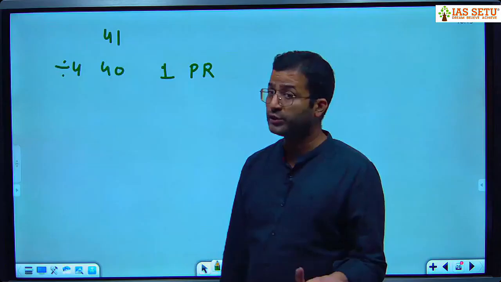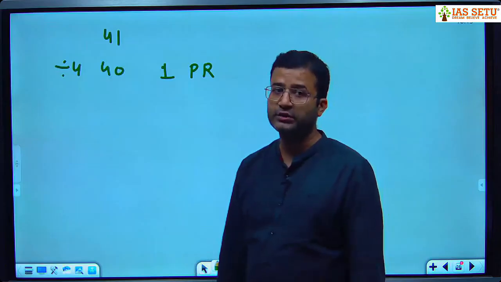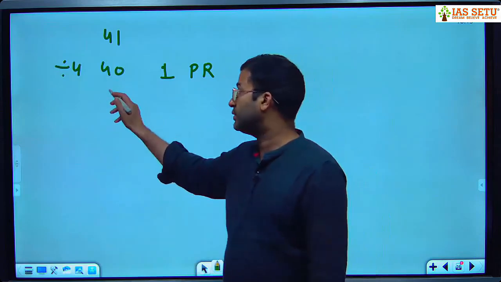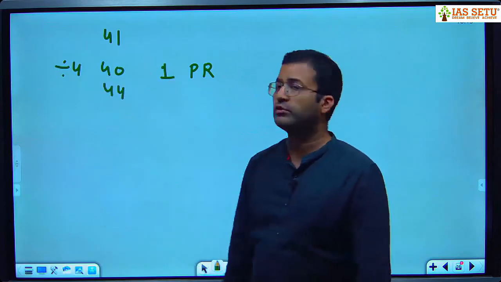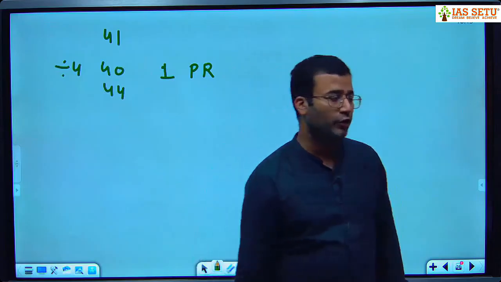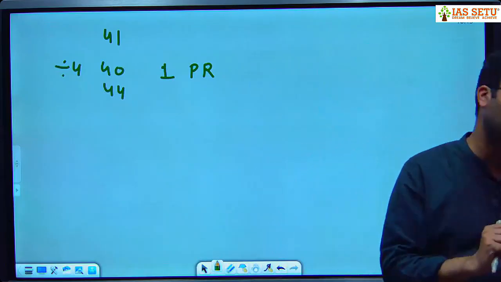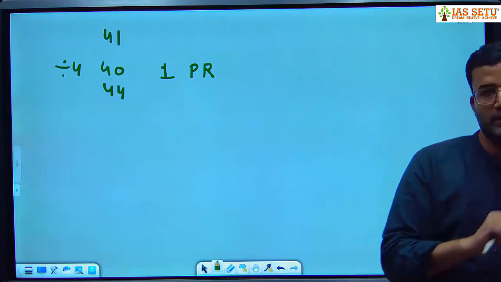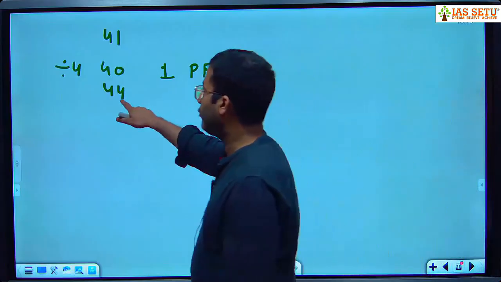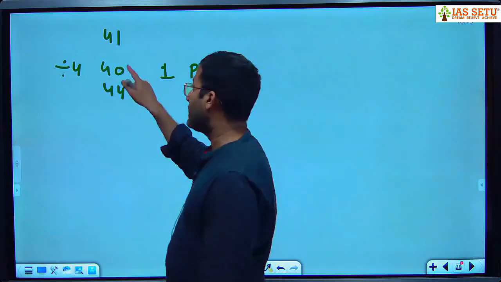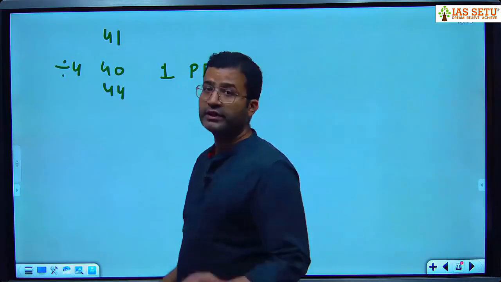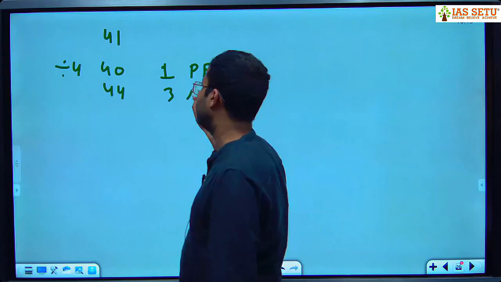But in school days you have not asked the question to your teacher. किसी ने पूछा भी होगा तो उसको थप्पड़ लगा होगा कि अगर मैडम सर मैंने 44 ले लिया तो मल्टीपल ऑफ 4 नियर टू 41 इज 44 एज वेल. 41 के पास दो मल्टीपल है, एक 40 एक 44. 40 जो छोटा है, 44 जो बड़ा है. तो एज कंपेयर टू 44, 41 इज 3 लेस, तो 3 नेगेटिव रिमाइंडर.